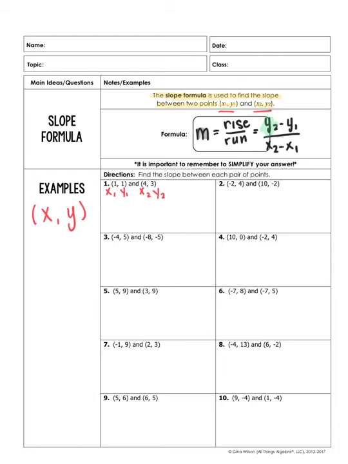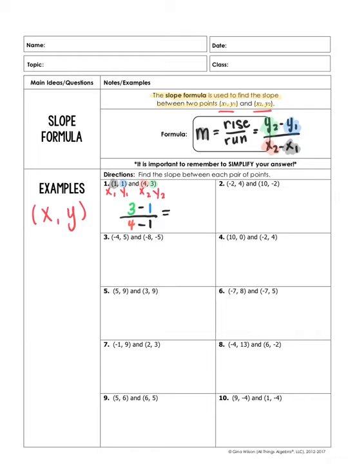It says to do y2, and I said y2 was 3. So it'd be 3 minus y1, which I labeled as 1, and then all over x2, which is 4, minus x1, and my x1 is 1.